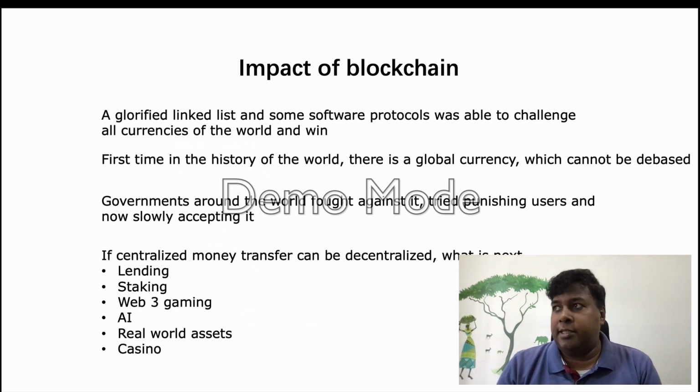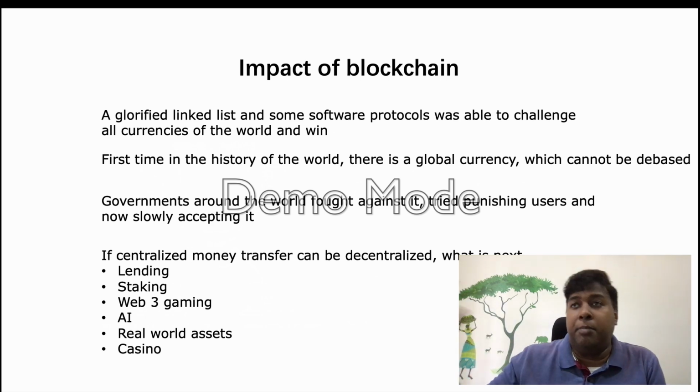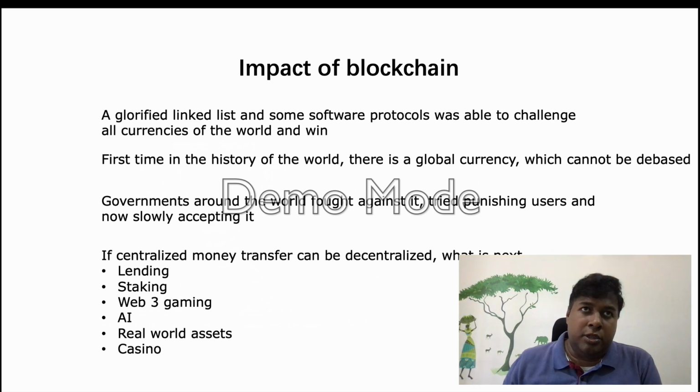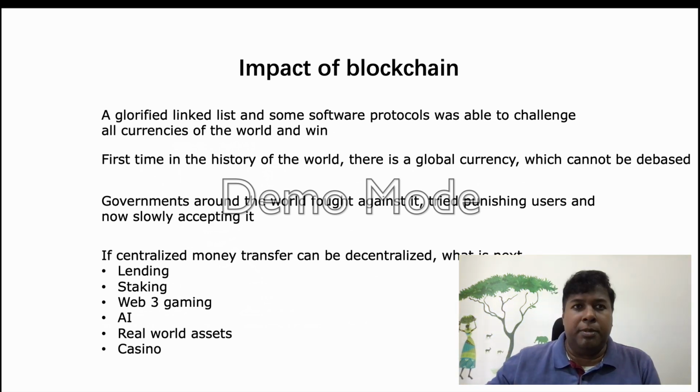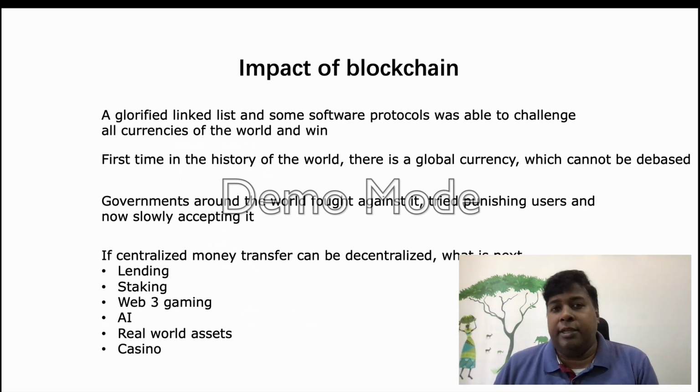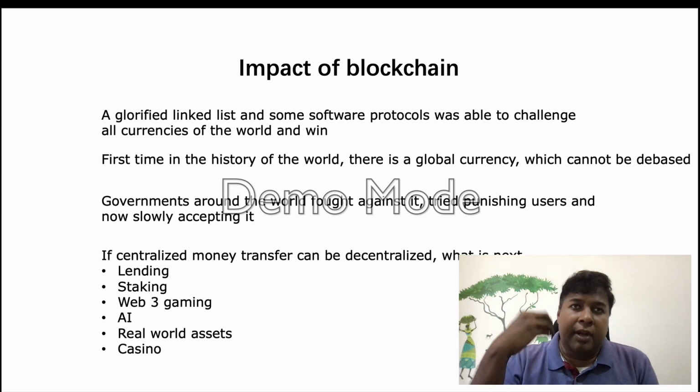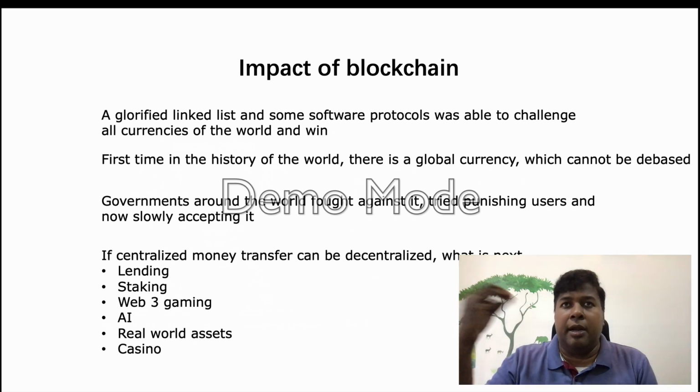And real world assets. Let's say there is a building, and the cost of the building is $1 million. An ordinary person cannot buy it, but rich people can buy it and lease it for rent and make money. But if it is tokenized and put as 1,000 tokens at $100 per token, everybody can own it, and then they can get the fruits of that real estate.